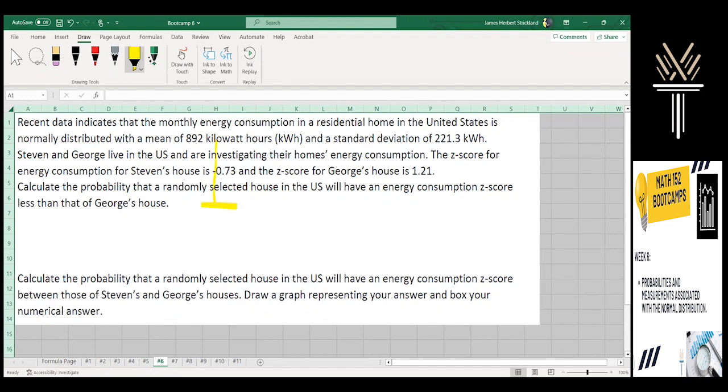Reading bottom to top, as always, you can see that we're just going to find the probability of a z-score less than George's. So the probability that we get a z-score less than George's z-score, which is 1.21. And notice I didn't have to read anything above this part right here.